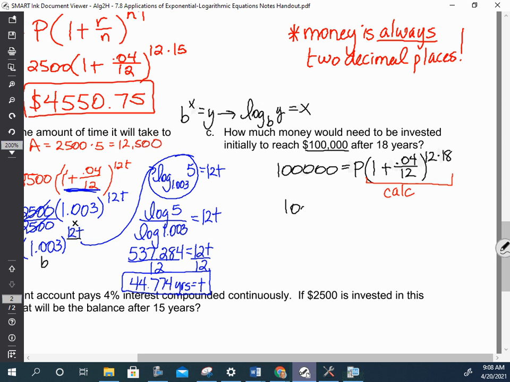So 100,000 equals 2.052 B. Well, that's simple. That's an easy equation. You don't need a log for that. Divide everything by 2.052.